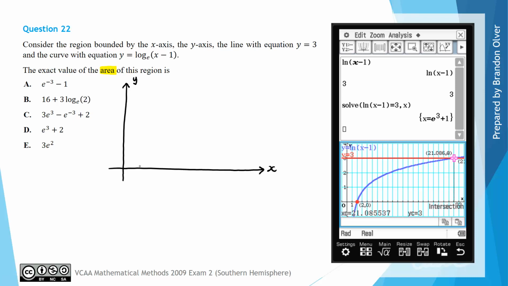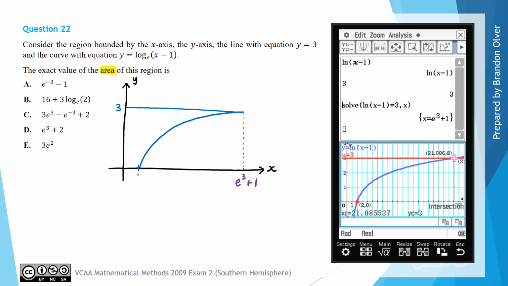So from the calculator, we know that the function with the rule y equals log e of x subtract 1 looks like this. And the function reaches the line y equals 3, at an x value of e to the power of 3 plus 1.